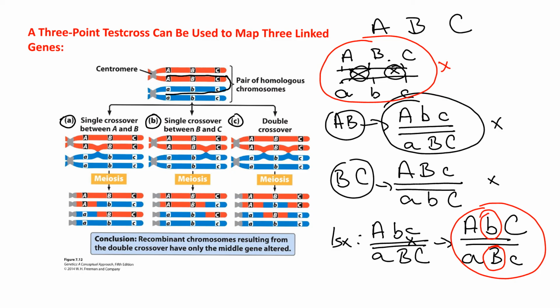Do you remember when you did the two-point test cross, a double crossover brought two alleles to the parental position because you only have two alleles. However, if you have a double crossover between three genes, if you follow the three-point test cross, you can distinguish the double crossover because the composition of alleles of the three genes would resemble parental, with an exception. The exception will be the middle gene. The middle gene will be different.